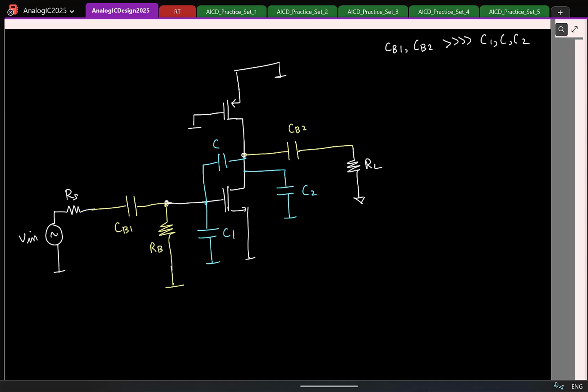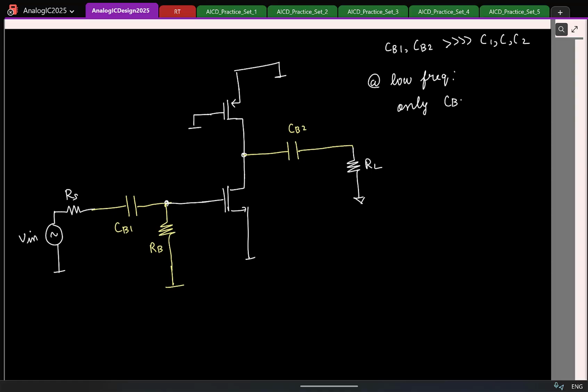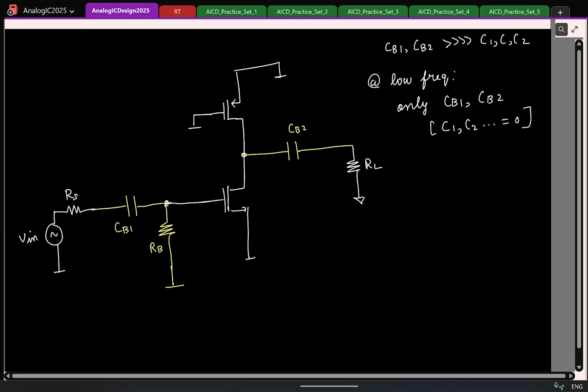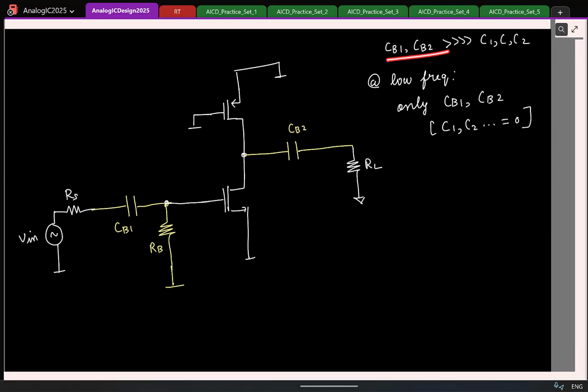So at very low frequencies, I will consider only CB1 and CB2, which means I will consider all the other capacitors, C1, C2 or whatever you have, to be 0. And this is a good approximation to make because I know the capacitors are going to be really large.